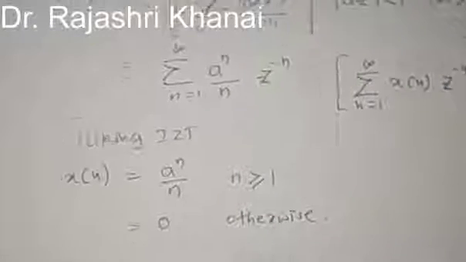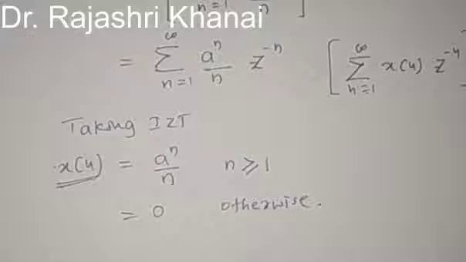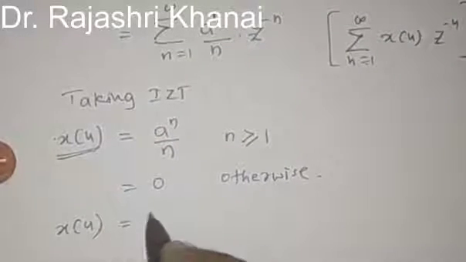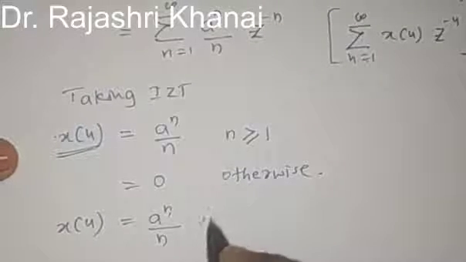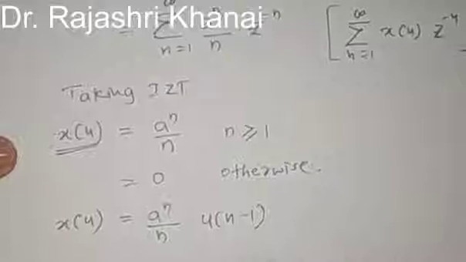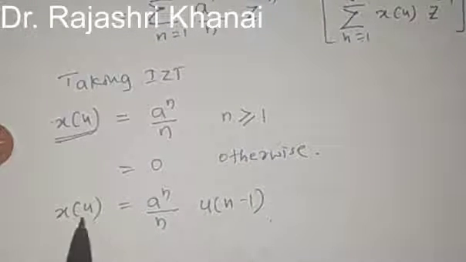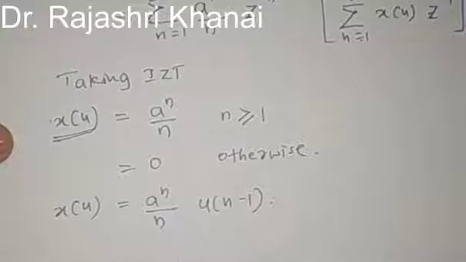This is the inverse Z transform. Or I can write x of n as a raised to n divided by n into u of n minus 1. So for n equal to 1 onwards, we will have x of n as a raised to n by n.